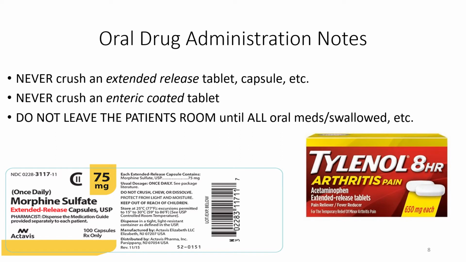As you see, there are actually two examples on this slide. I have morphine sulfate, and it also tells you extended release in red lettering. Also Tylenol is an arthritis medication, and we normally take Tylenol about every 4 hours. With this one, you can see it is also an extended release tablet, and we only take it every 8 hours.